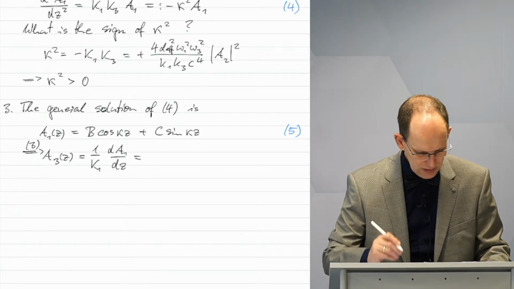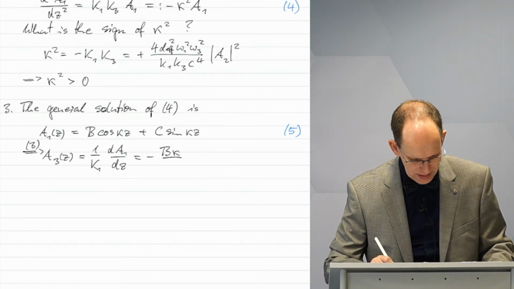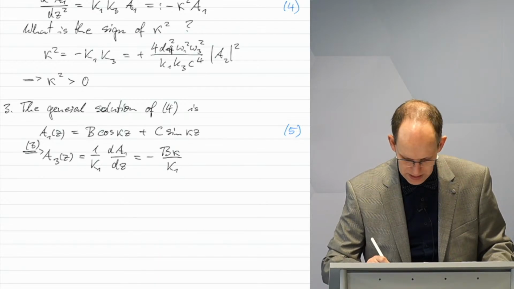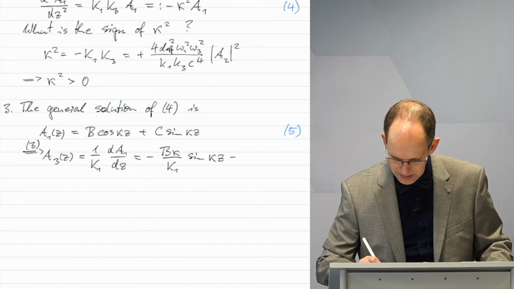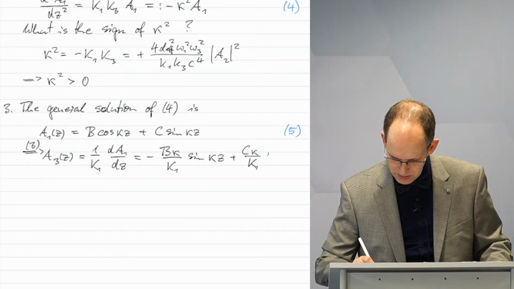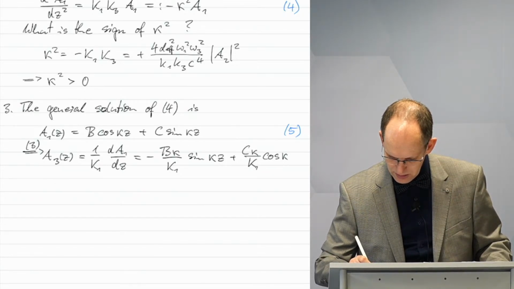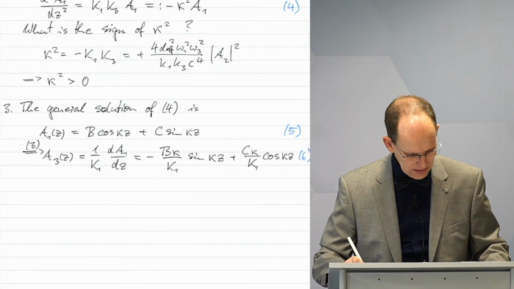And if we do that, then we get minus b times kappa divided by K1 times the sinus of kappa times z plus c times kappa divided by K1 times the cosine of kappa z. That's equation 6.